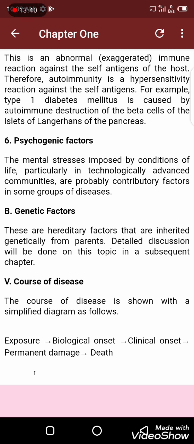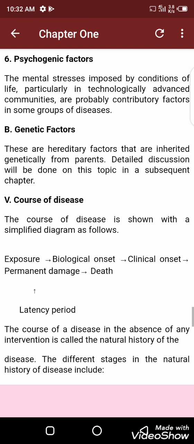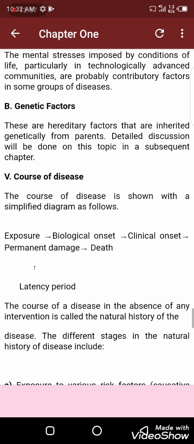So, psychogenic factors: the mental stress imposed by conditions of life, particularly in technologically advanced communities, are probably contributory factors in some groups of disease. So, in genetic factors, there are hereditary factors that are inherited genetically from parents. Detailed discussion will be done on these topics in the subsequent chapter.